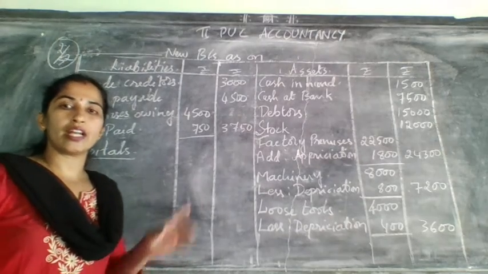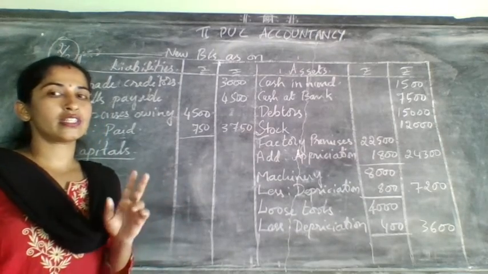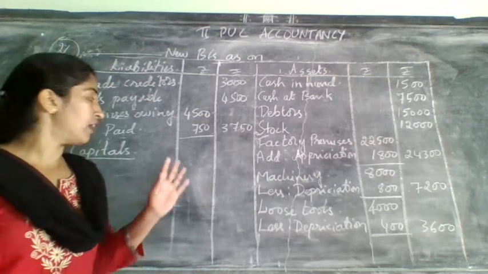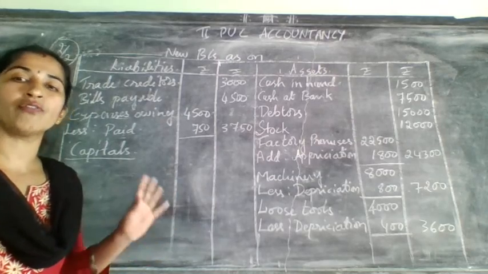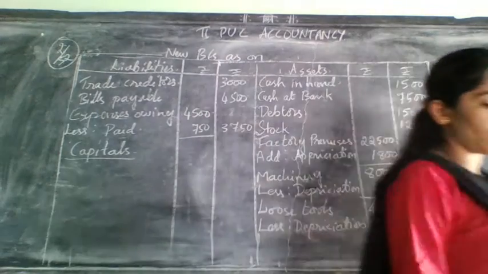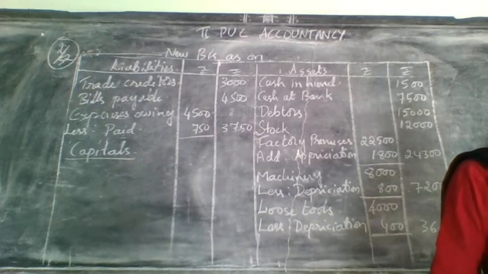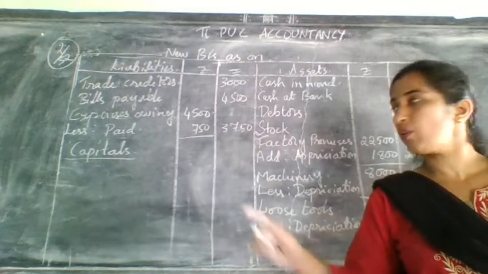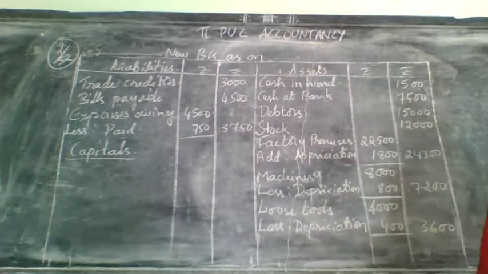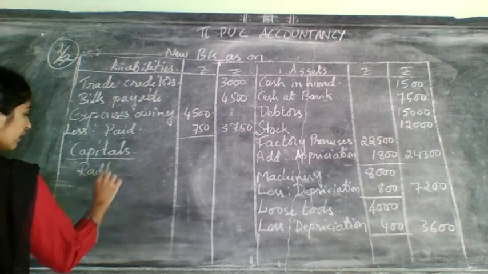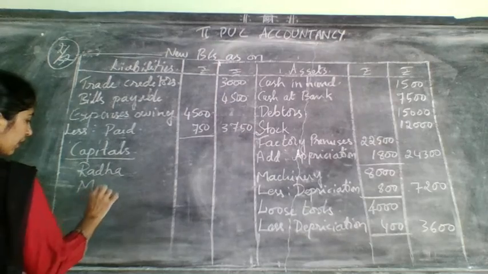Here when you are writing the capital, students, keep it in mind, you need to write only the names of the remaining partners who are remaining in the firm. Who are remaining now? Sheila retired, only Radha and Meena. For carried down, for whom you have written, only their names will come. Write their names here, Radha, then Meena.